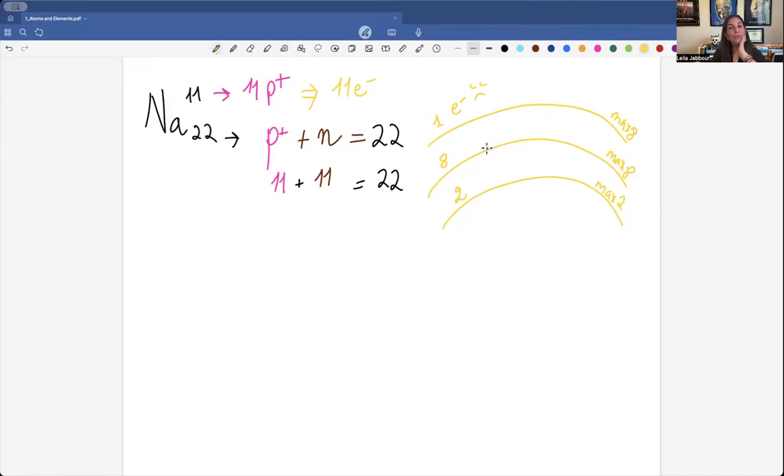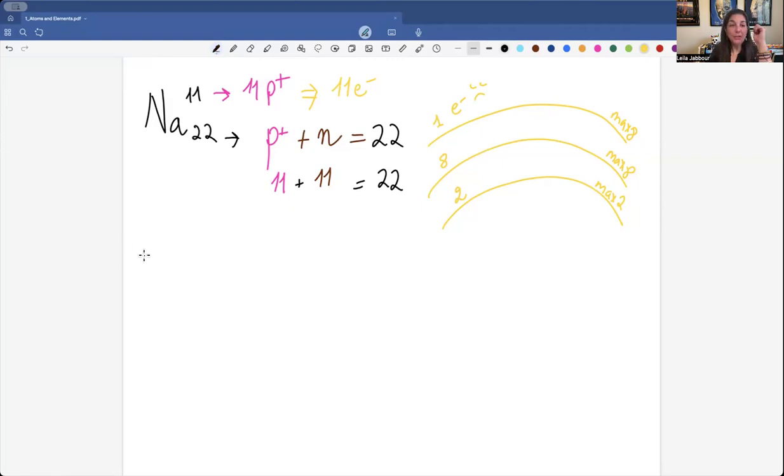So let me give you another rule here. And this is something we will dive more into when we look at molecules and salts and stuff like that. So in the next chapter, an atom will want to be stable. And to be stable, it needs to have a filled valence shell.